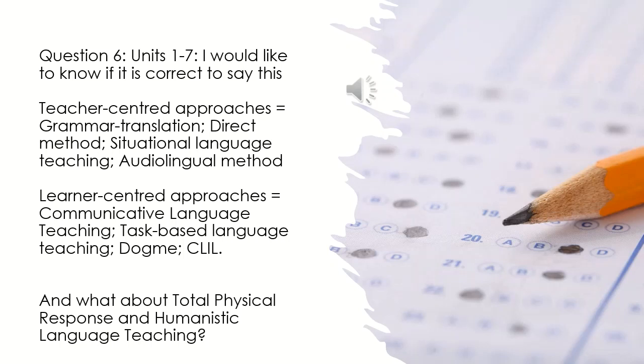I would caution against blanket statements that say, for example, that TPR is 100% always teacher-centered, because you can have a TPR class with learners actually leading the charge on what type of activities they do, so they take on more autonomy.